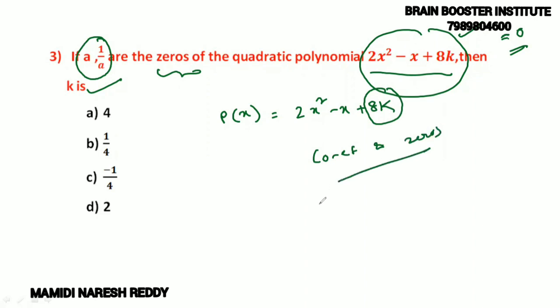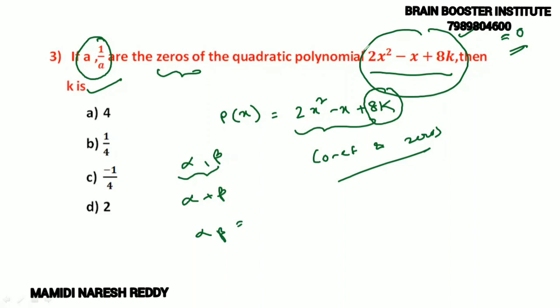We learned this. For example, let alpha comma beta be the zeros of the given quadratic polynomial. So we have the relation among these zeros and the coefficients of the quadratic polynomial. Alpha plus beta is one relation and alpha into beta is another relation.